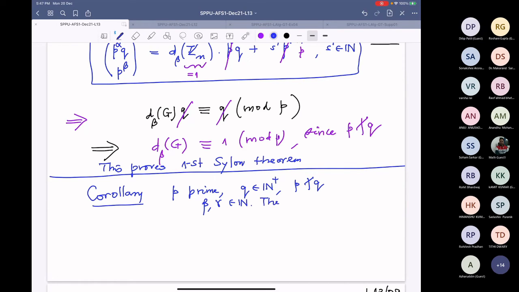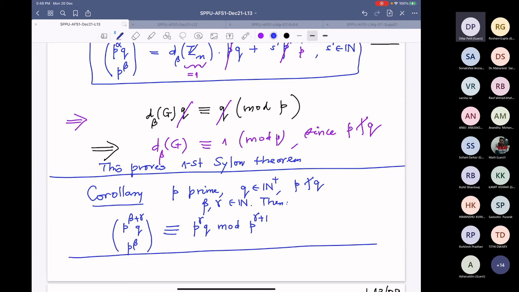Then we have proved that the binomial coefficient (p^(beta+gamma) q choose p^beta) is congruent to p^gamma q mod p^(gamma+1).